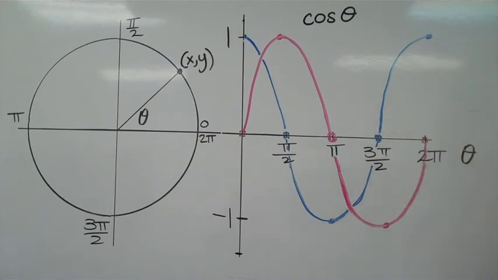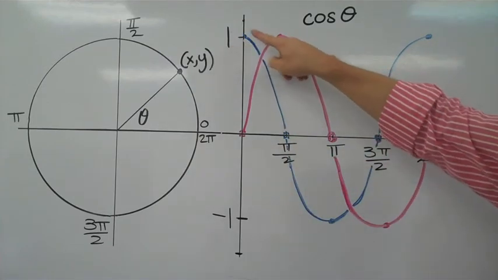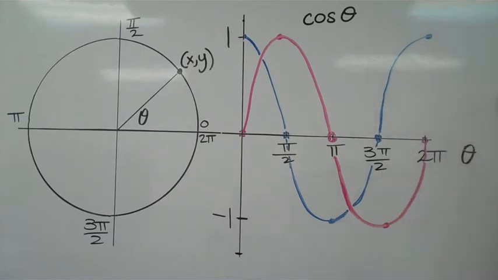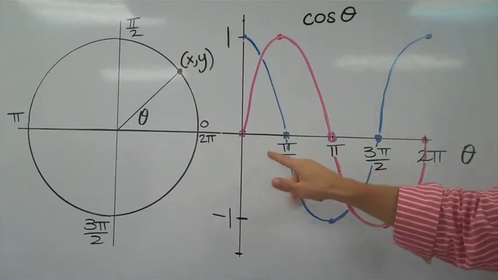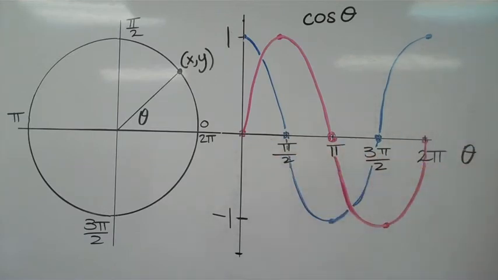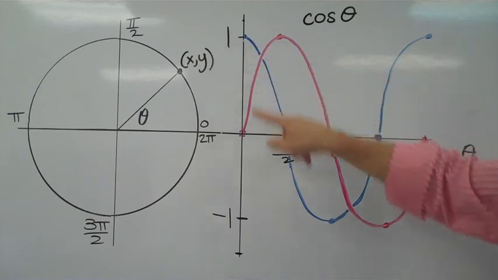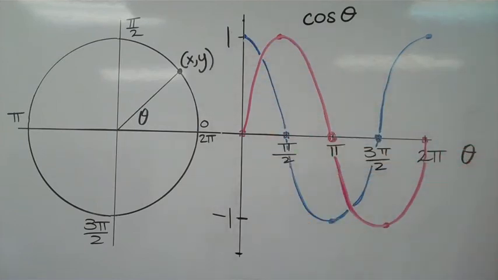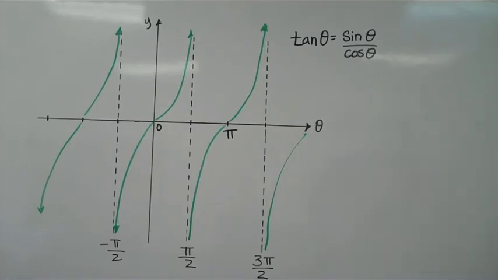Those are my 5 key points. The cosine curve goes down and up. Please, over the domain 0 to 2 pi, remember this curve. Notice cosine goes from a maximum of 1 to a minimum of negative 1, as does the sine curve.